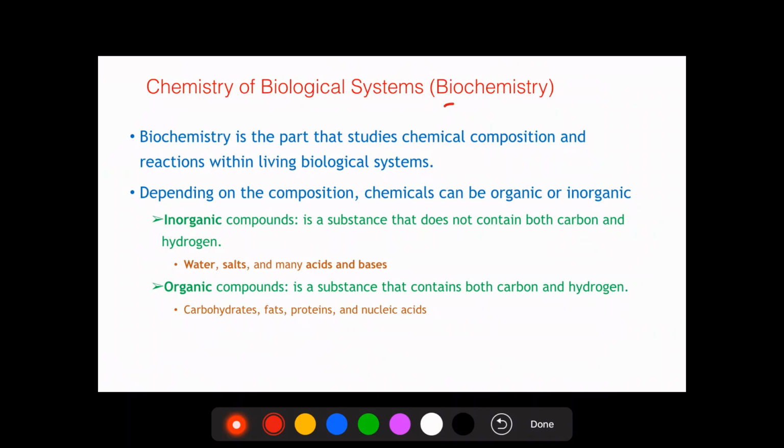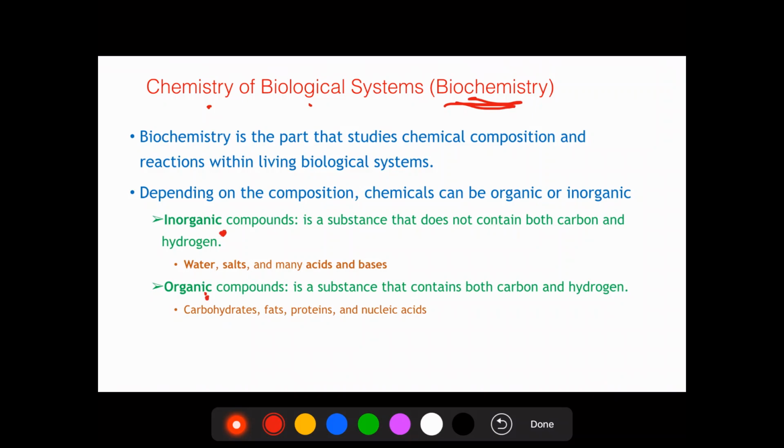For this part, we are going to talk about biochemistry, which is the study of the chemistry of biological systems. And here, depending on the composition and chemical components of these compounds and molecules, we will have two types: inorganic compounds and organic compounds.